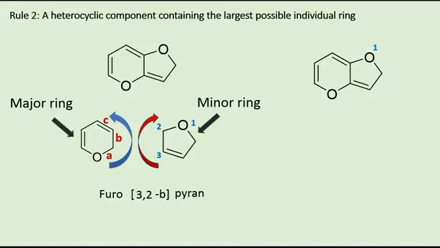While giving numbering for a fused heterocycle, we always have to start from next to the quaternary carbon, and go in the clockwise direction.